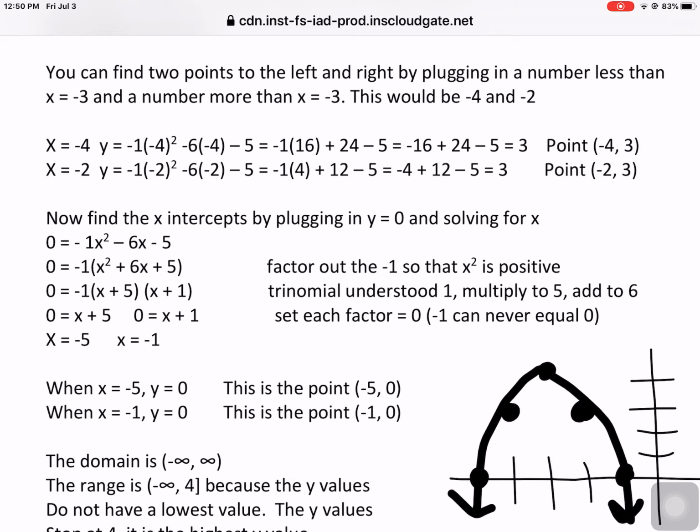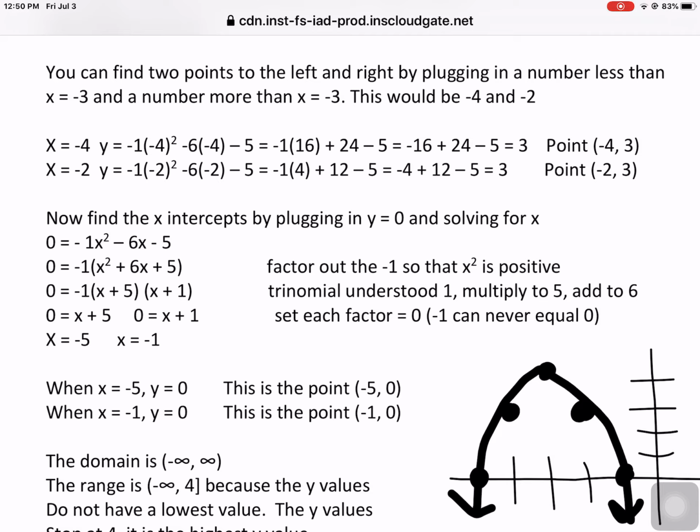So x plus 5 equals 0, x equals -5, x plus 1 equals 0, subtract 1, x equals -1. So when x equals -5, y equals 0, because we replaced the y in the original problem with 0. When x equals -1, y equals 0. So we have the points -5, 0 and -1, 0.